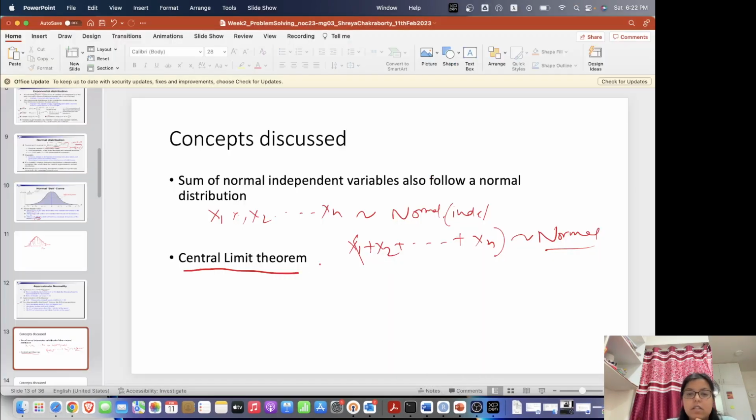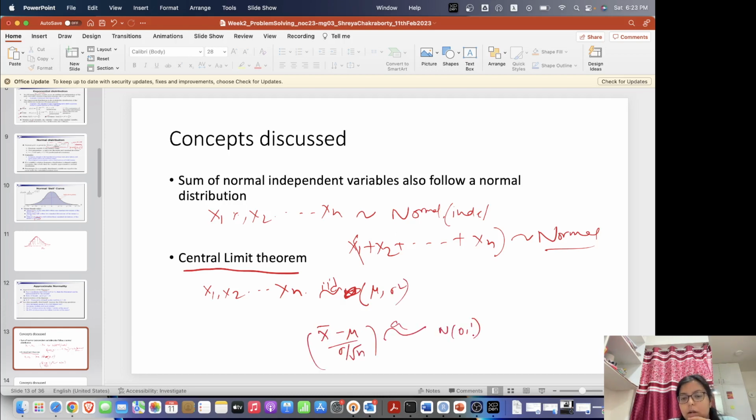The central limit theorem says that if I have a sequence of random variables, then this is one form of the central limit theorem. If I have identically distributed variables with mean mu and variance sigma square, then x bar minus mu divided by sigma by root n asymptotically follows a normal 0 1.